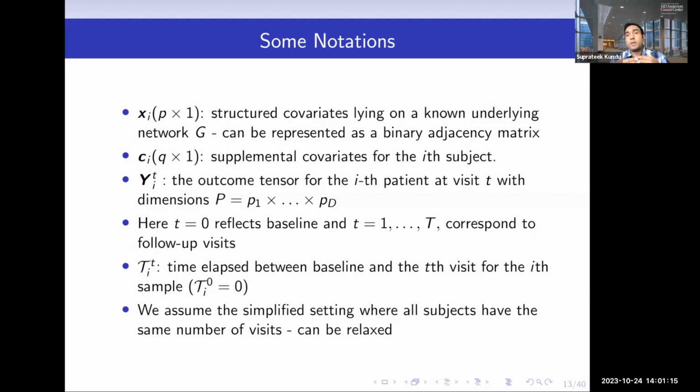So maybe somebody has 5.5 months from baseline to the next visit, so that it accounts for those different times. And we assume the same number of visits for all subjects, to simplify things. Obviously the number of visits for different subjects can change as well.